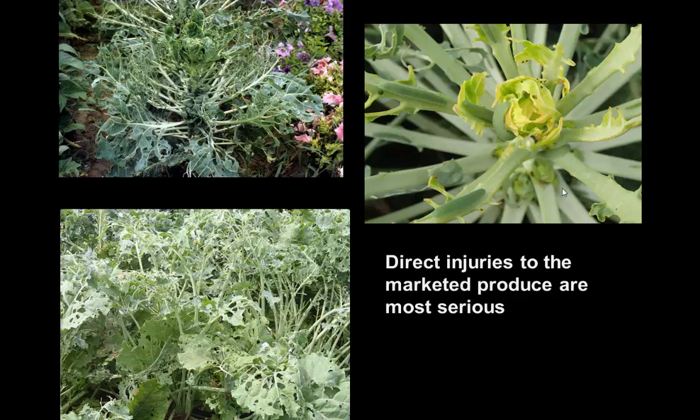Now, these direct injuries would be certainly most serious. If you have one of these cabbage worm problems and they are damaging what you're trying to produce for yourself or market, then this becomes a problem. You can't have damage to the head of a broccoli or the Brussels sprouts or the leaves of a leafy brassica.